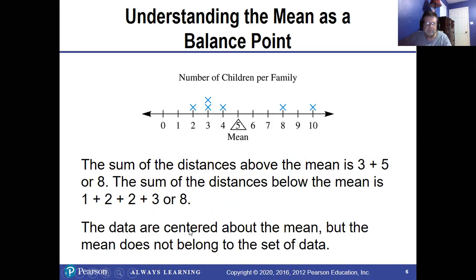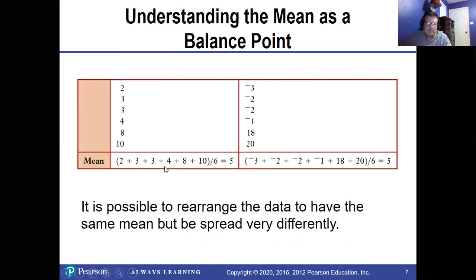So data are centered about the mean, but the mean does not belong to the set of data sometimes. Sometimes it can be part of your data, but a lot of times the average is not part of your data. It is possible to rearrange the data to have the same mean but be spread very differently.